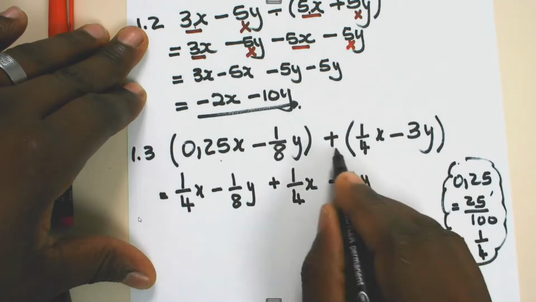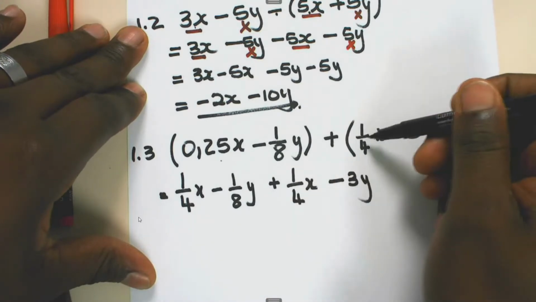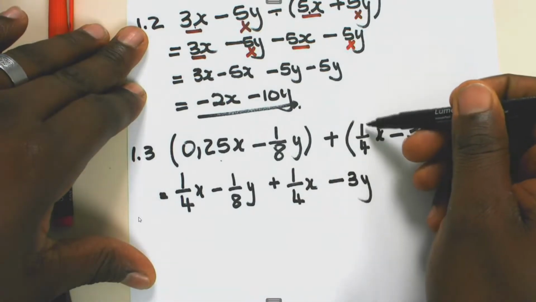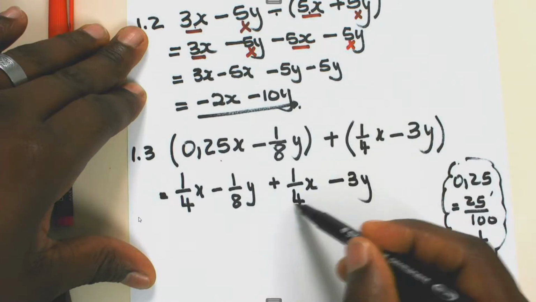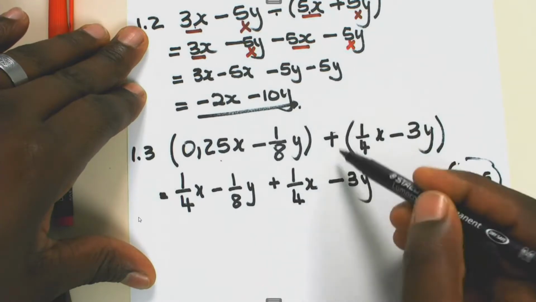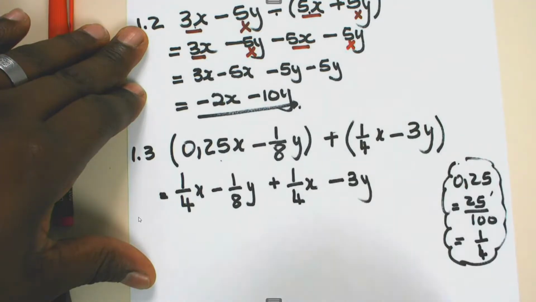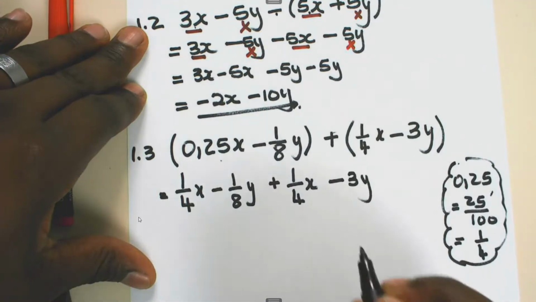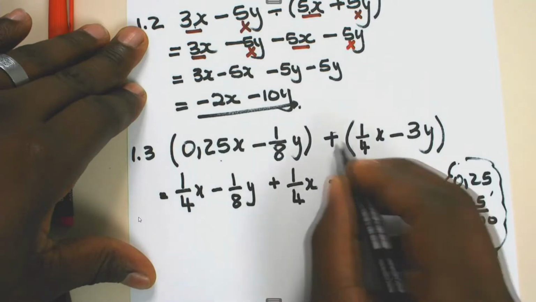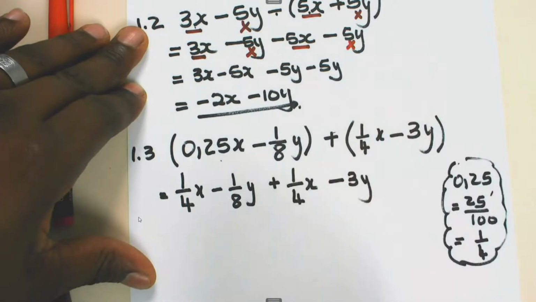So when you remove the brackets, a positive, when it multiplies 1 out of 4x, gives you positive x. And the positive, when it multiplies a negative 3y, gives you negative 3y. This is what we call the distributive property, okay? Because this multiplies this, also multiplies that, all right?